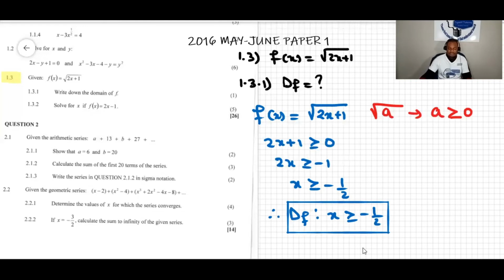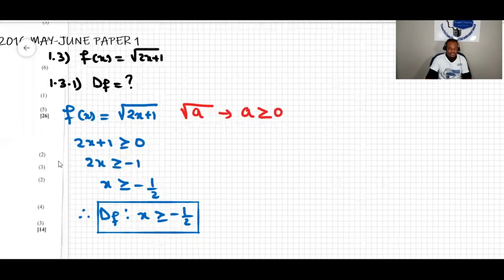Now, question 1.3.2 says solve for x if f of x is equal to 2x minus 1.